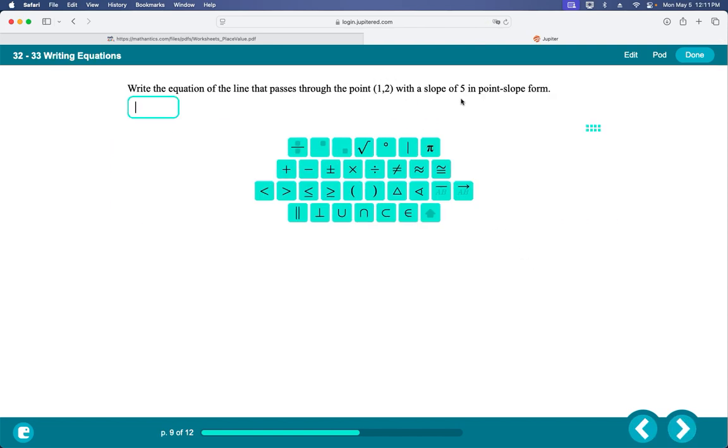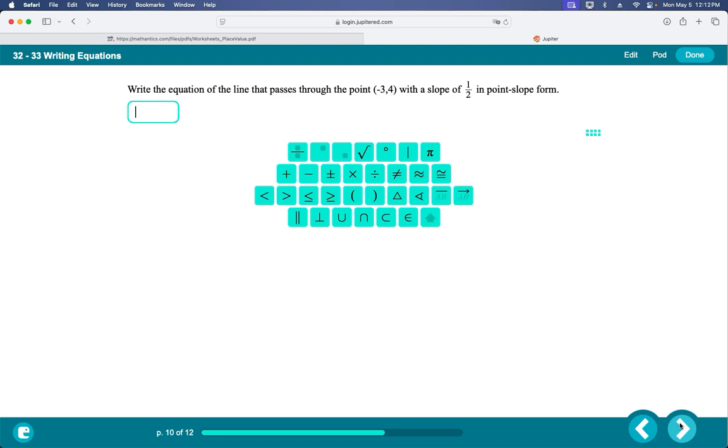Same thing here. We have y minus the y value, which is 2, and that's going to be equal to the slope of 5, so 5 times x minus the x value, which is 1. And that would be the answer. And that would be correct.